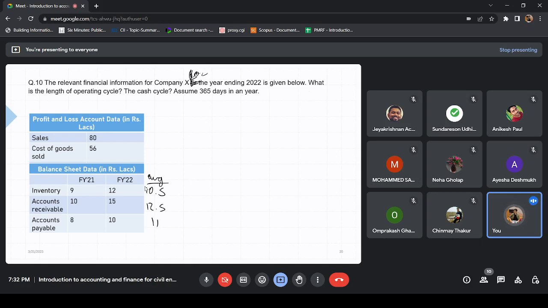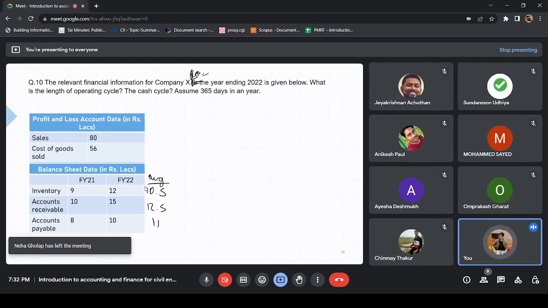Cost of goods sold kind of gives you that this much is the cash you have in your hand. Like 56 is the cost of goods sold, and overall your inventory is 12. I mean, there is still some number that you have.